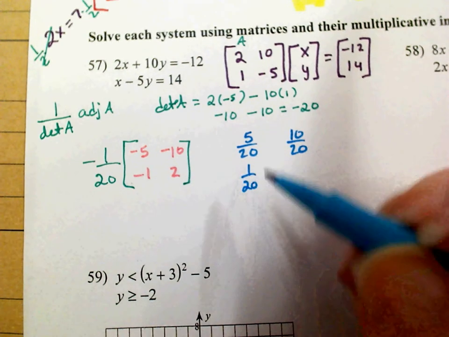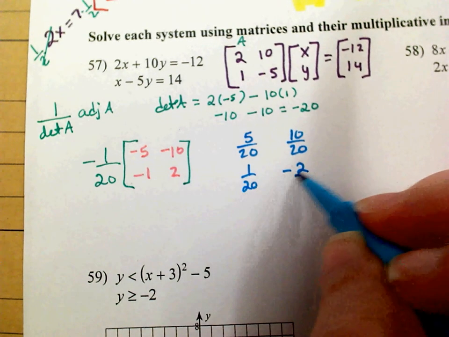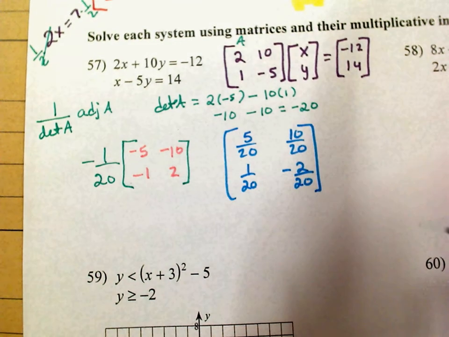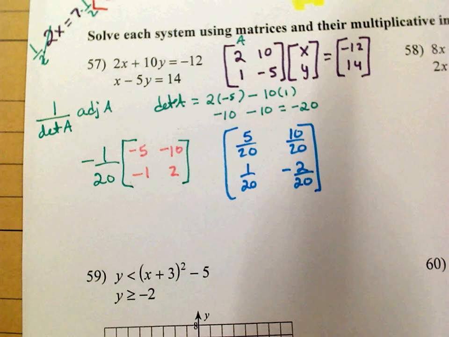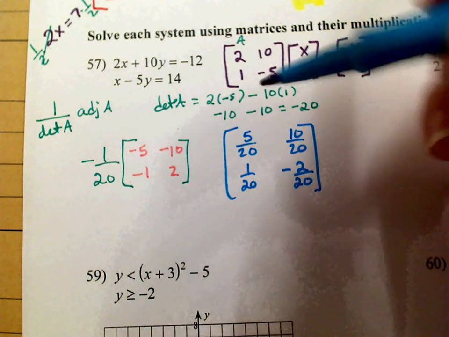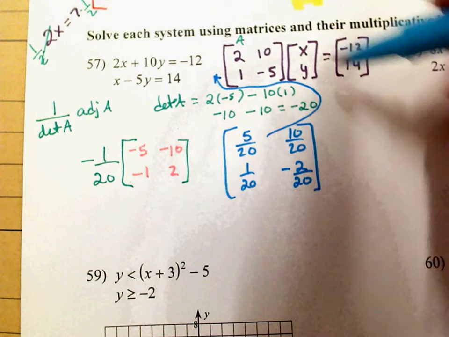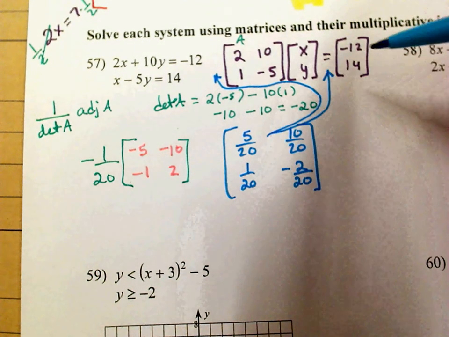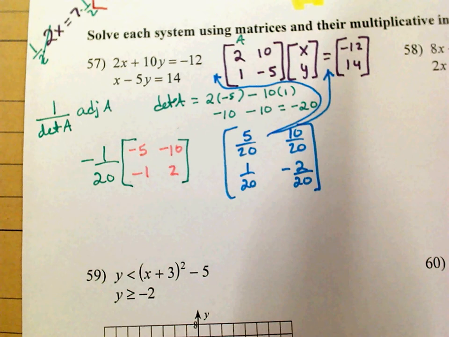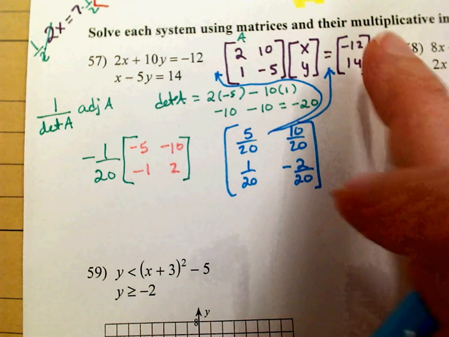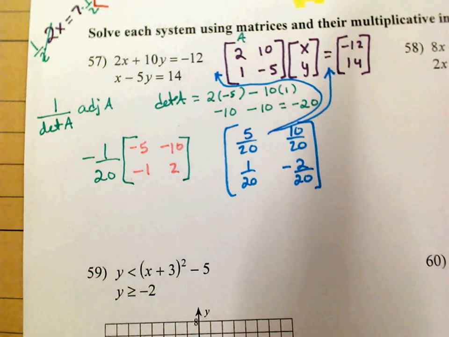What am I going to multiply that times? Right. Technically, I would multiply it right here and right here. It has to be on the same side in matrix multiplication, right? Because if you multiply a 2 by 2 by a 2 by 1, you're good, but if you multiply a 2 by 1 by a 2 by 2, it doesn't work, yeah? So I need to multiply that matrix times negative 12, 14.